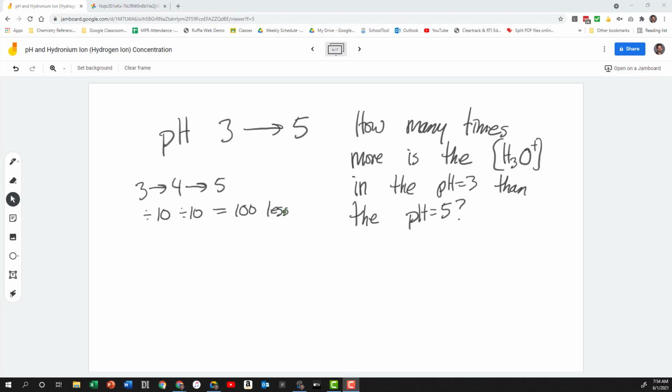So pH 3 has 100 times more hydronium than pH 5 because we changed the unit twice. All right. And that's it for that.